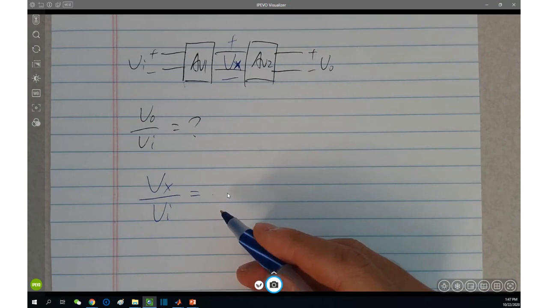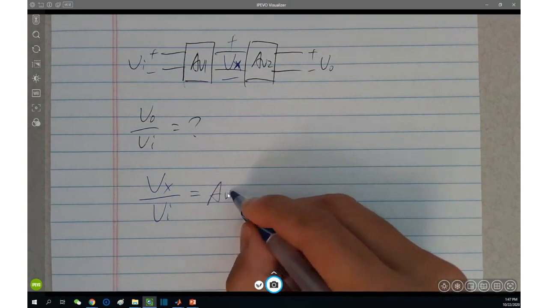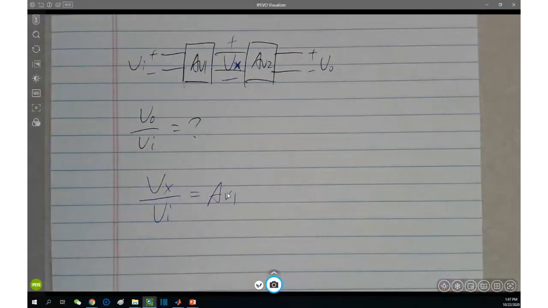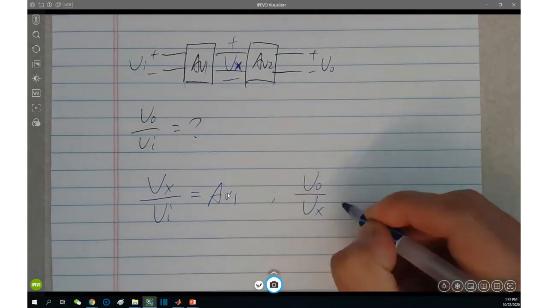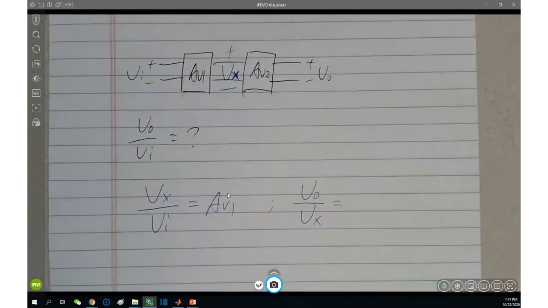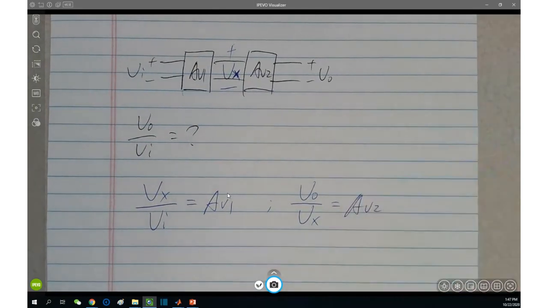Wouldn't that just be the gain AV1? Which is AV1 itself. Yes. And then what is V naught over Vx? Same thing, right? AV2. This is the definition of the gain for each stage.